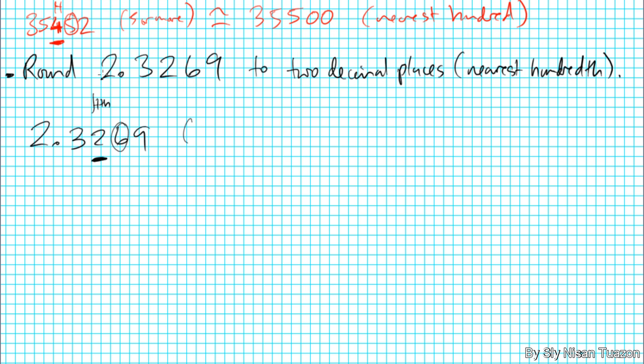Is it 5 or more? Yes, 5 or more. So that means I need to increase the number being rounded off by 1. So it's going to be approximately equal to 2.3. What's 1 above 2? 3. And that has been rounded off to 2 d.p., 2 decimal places.